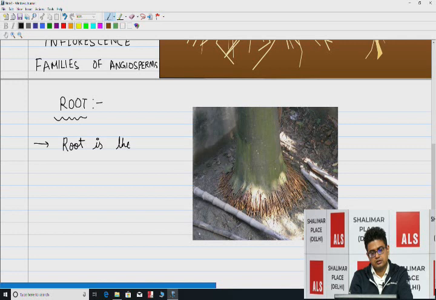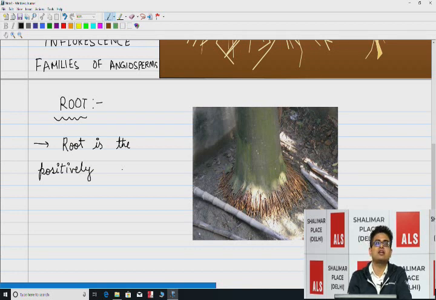Root is the positively geotropic, negatively phototropic, positively hydrotropic part of the plant. Positively geotropic means it grows in the direction of gravitational stimulus, grows downward in the direction of gravity.